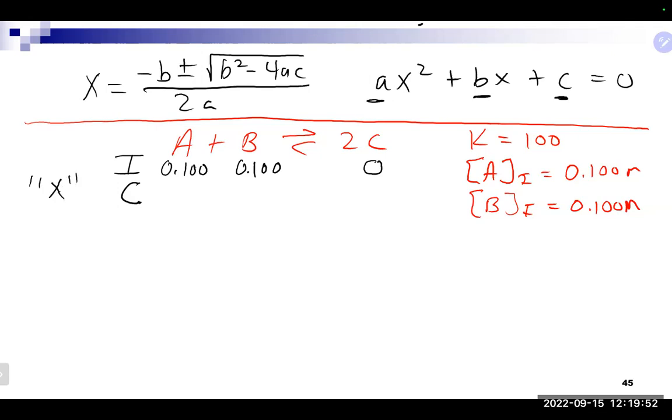So this is going to be minus X, and this will be plus 2X. I put the 2 there because the coefficient right here is a 2. Coefficient here is a 1. And a coefficient here is a 1, right? Although you don't usually write it.